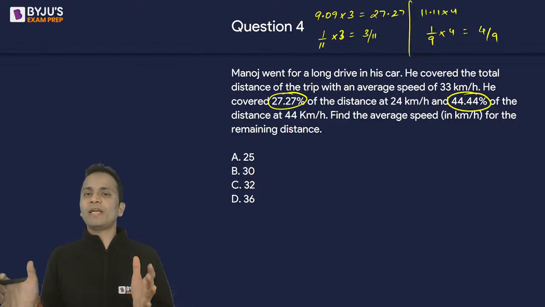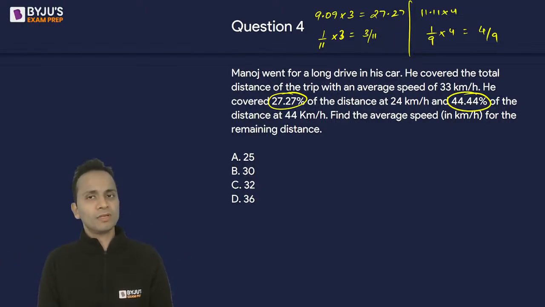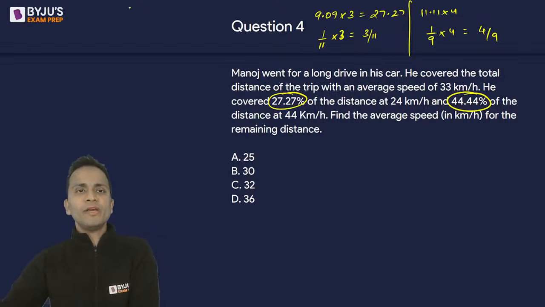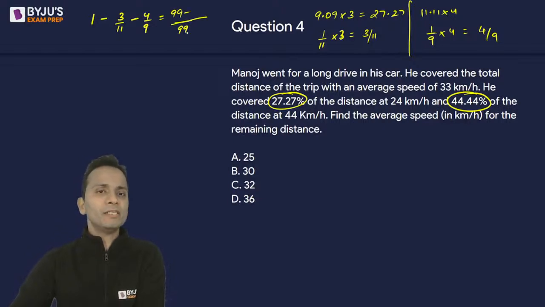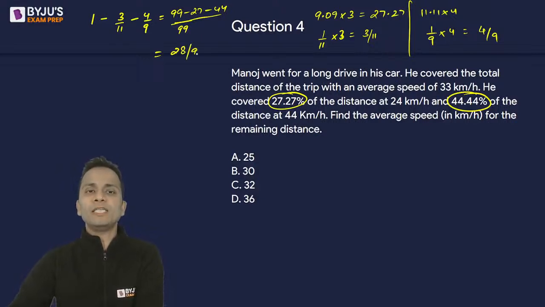Now we'll have to find out what is the remaining distance. If I calculate the fraction of the remaining distance, taking 99 as the LCM, it is 99 minus 27 minus 44. This value will come out to be 99 minus 71, which is 28 upon 99.